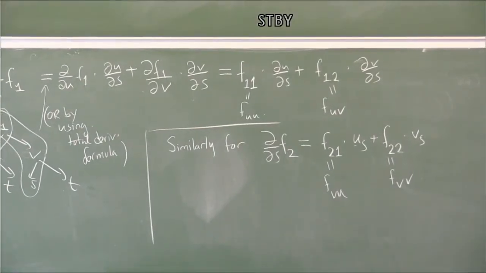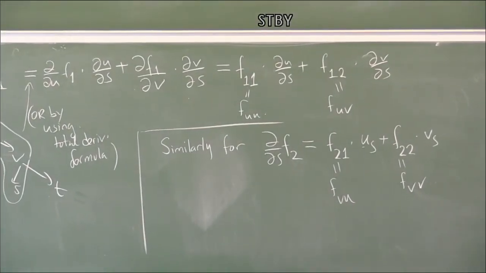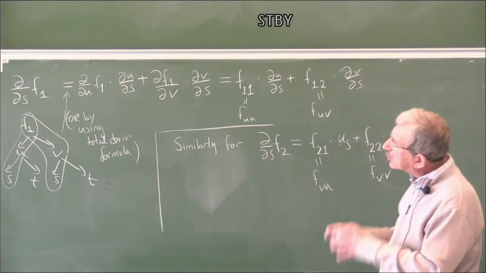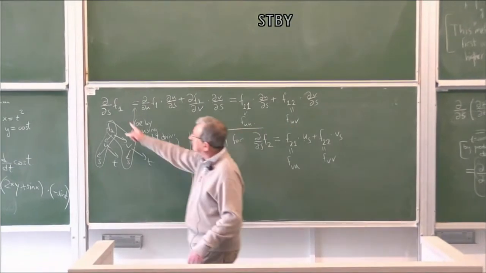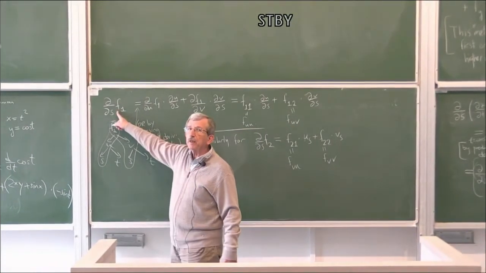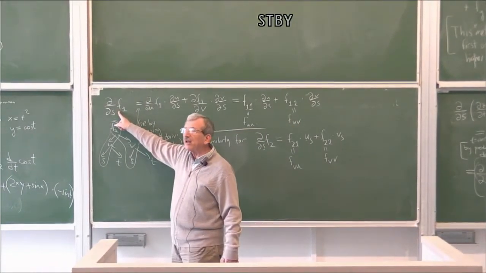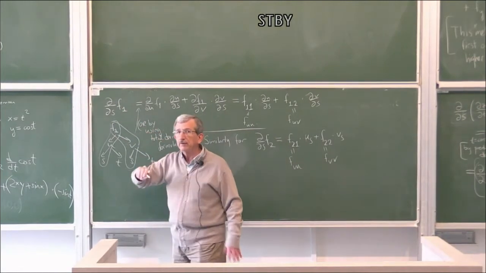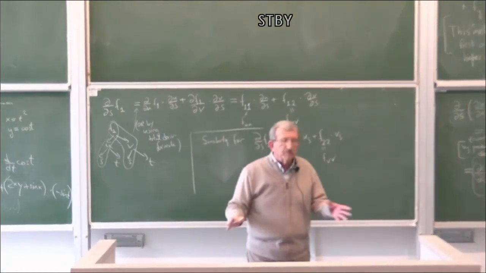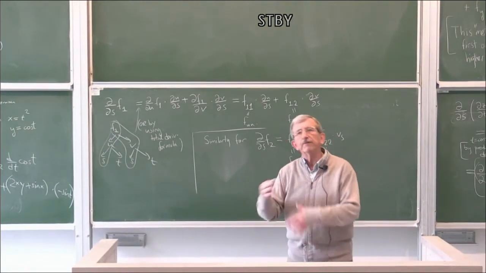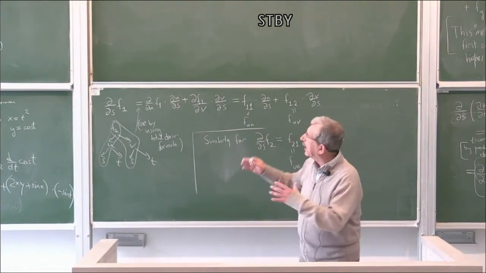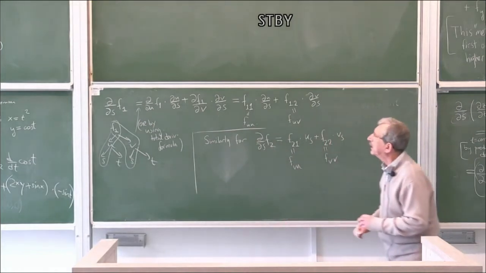Now, the tree, as I said, works only for first order derivative, as in this case. It is a first order derivative of f1, not f. But that's immaterial. I have a function of two variables, which is a different function than f. I can carry out the process.